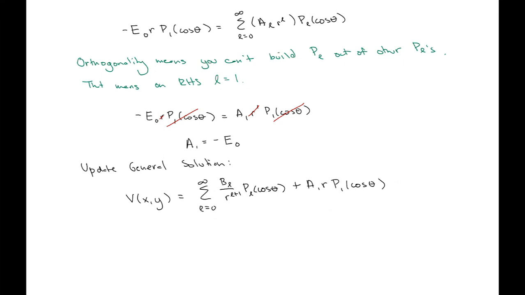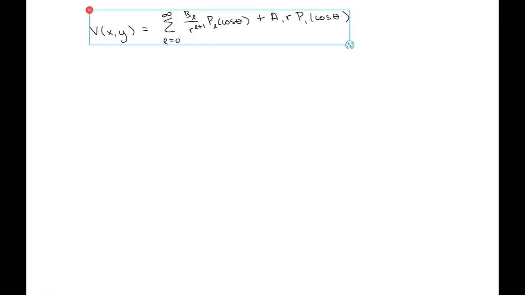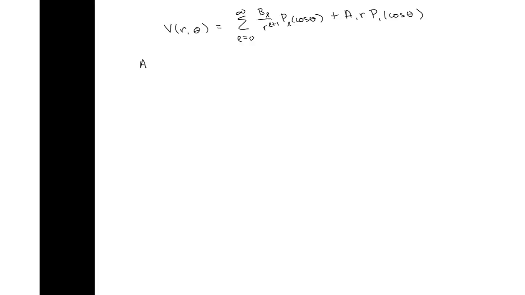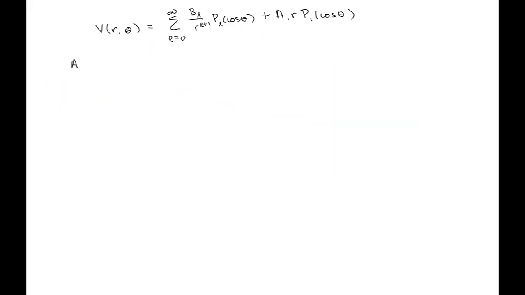So let's go ahead and apply our other boundary conditions at the surface of the shell to that form of our general solution. Let's see what that gives us. This should be r, theta, sorry. Now I know at r equal to a, we've got a potential that is 0.